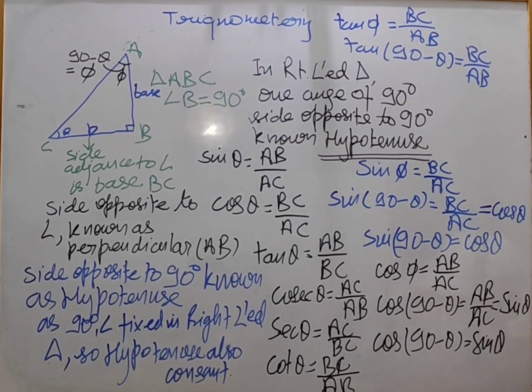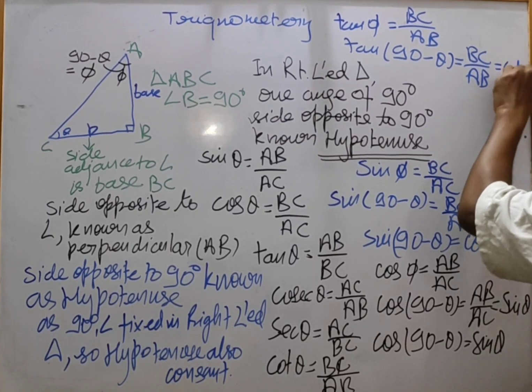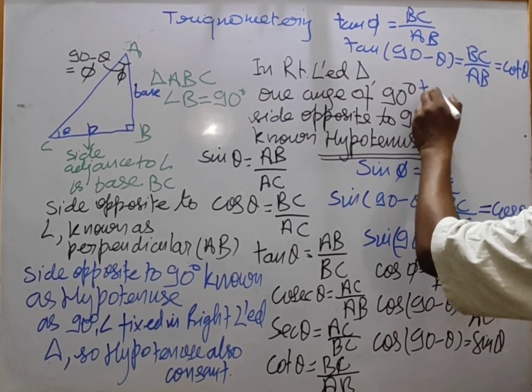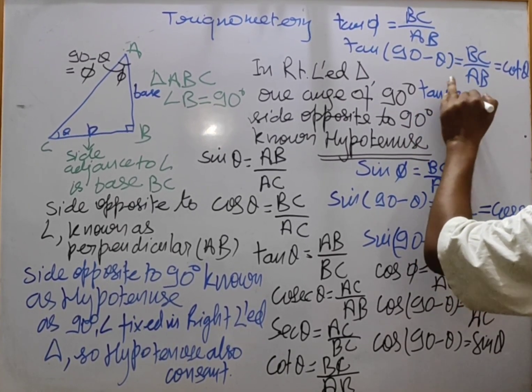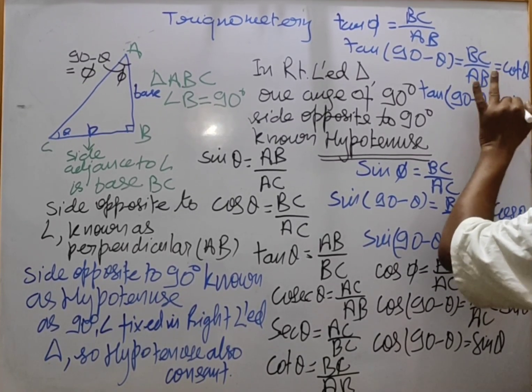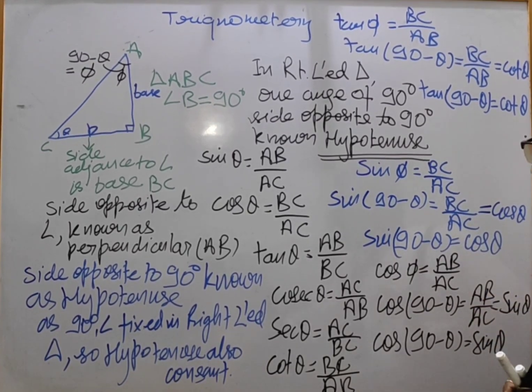And that is what? BC upon AB is cot theta. So you can write here cot theta, right? So it means tan 90 minus theta is equal to cot theta. I hope you understand. Okay.